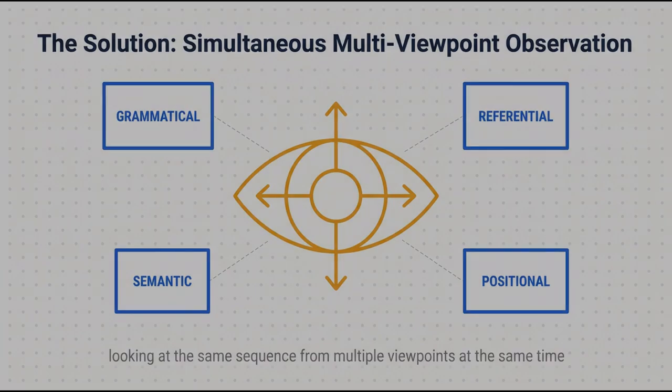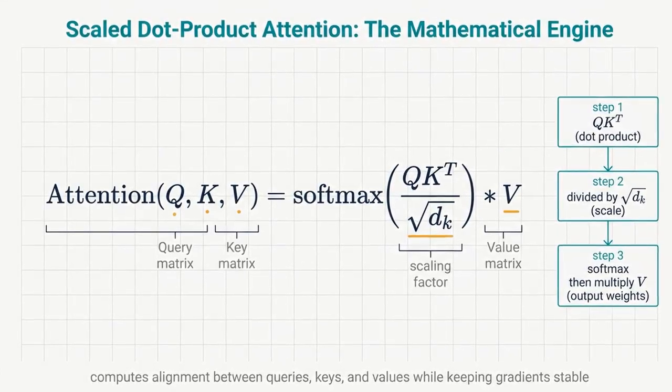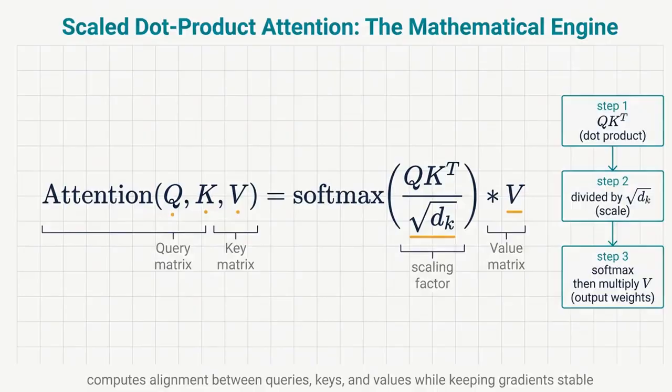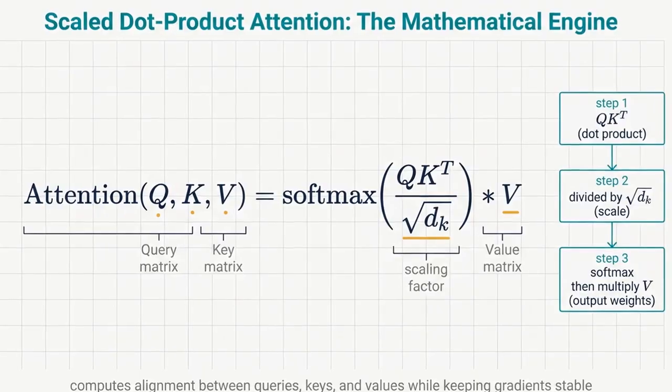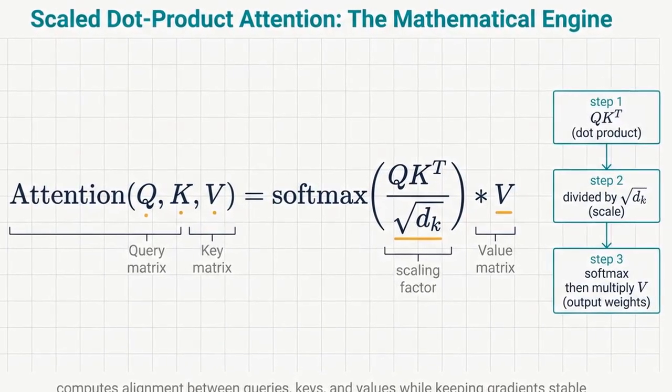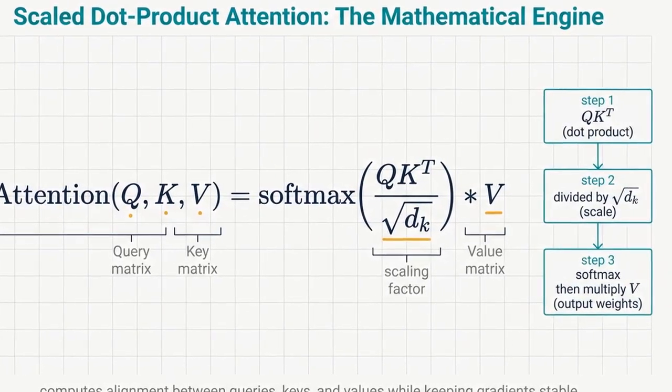The core mathematical engine of this calculation is the scaled dot product attention. This formula computes the alignment between queries, keys, and values, scaling the dot product to keep gradients stable.